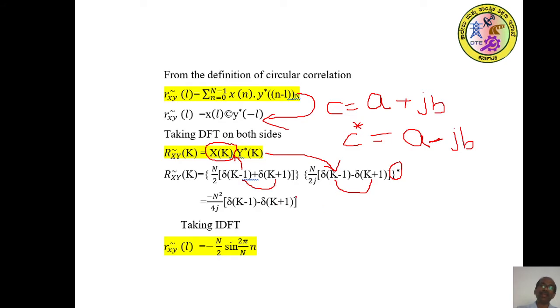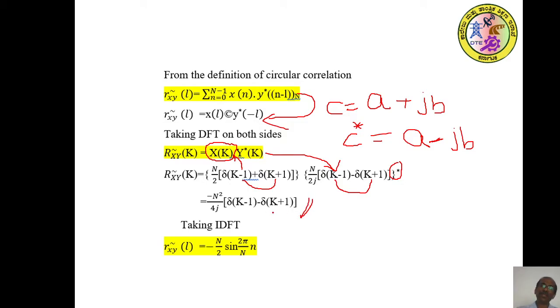And luckily, a square, what is this? Delta square of k minus 1. What is the area of delta function? It is 1. 1 square is what? It is again 1. Therefore, I have written delta square also as delta of k minus 1. With all this adjustment, I have got the final answer like this.